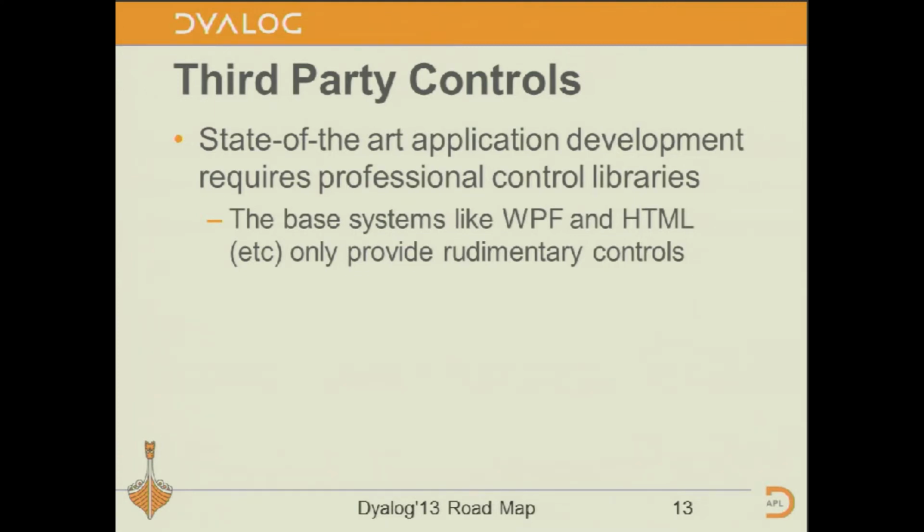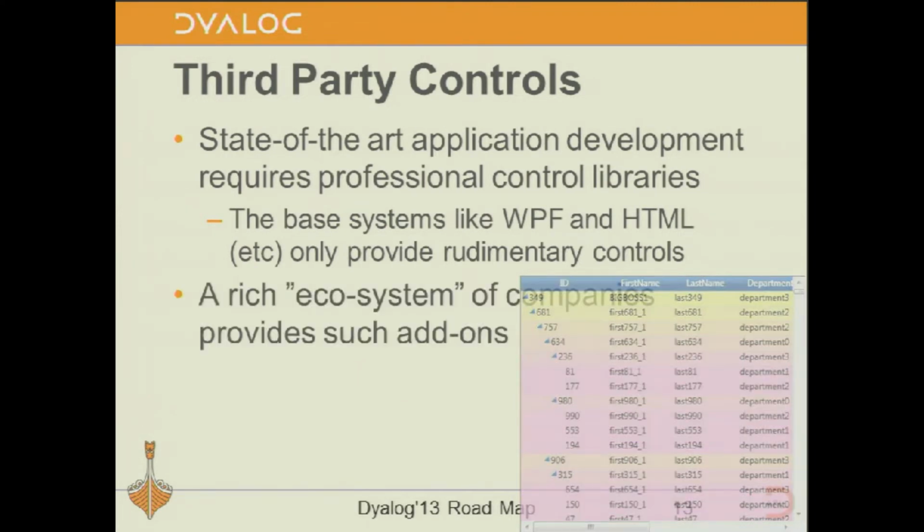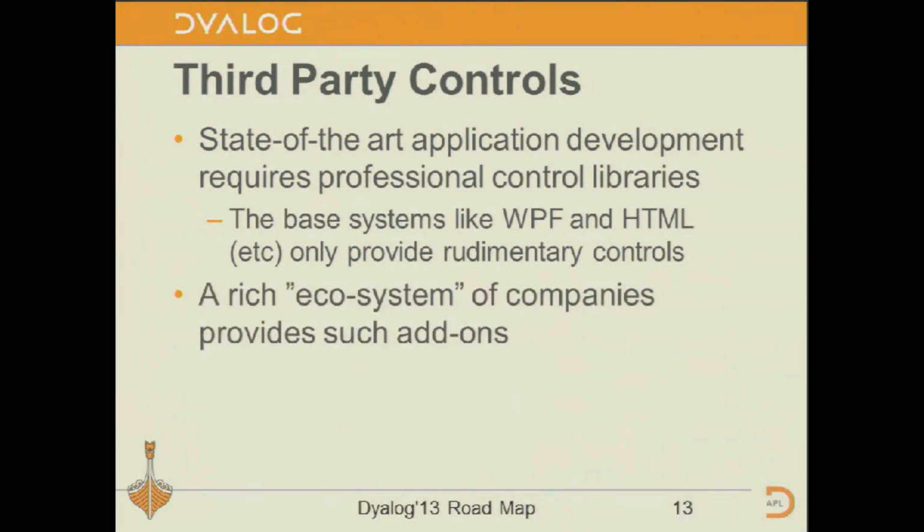If you think it's a good idea to have a grid with a tree view in the first column and where the rows are shaded depending on the depth of nesting, you can't reasonably put that together from the base controls that are available, and you need a library that's going to help you do this. Much like the grid object in the Dyalog QuadWC system, you say there's a custom control there that has a very high level functionality.